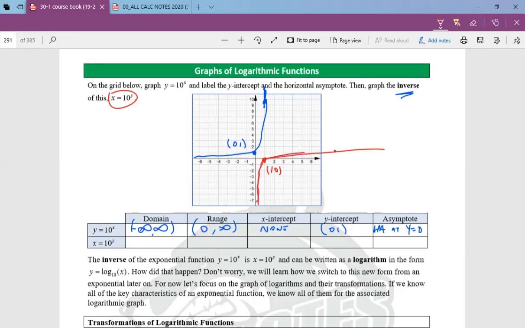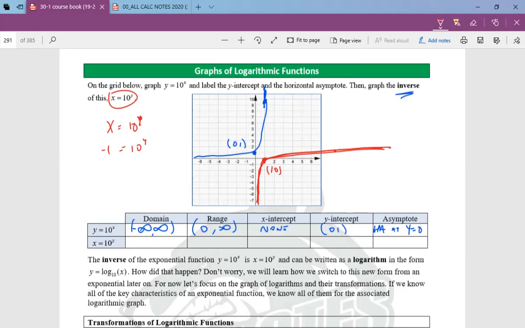It ends up being a smooth curve, but it goes very steeply in that direction. What we can see from x is equal to 10 to the y is that if we make x equal to -1, this will never happen. There's no value of y that you can have as an exponent of 10 that ends up being a negative number.